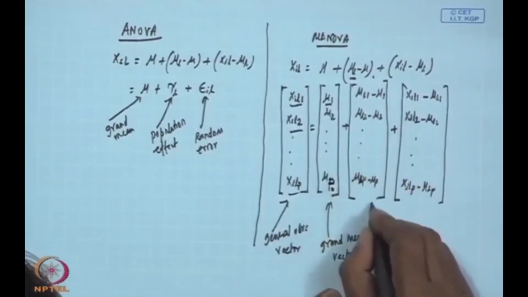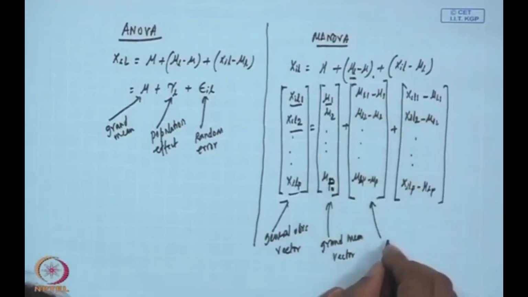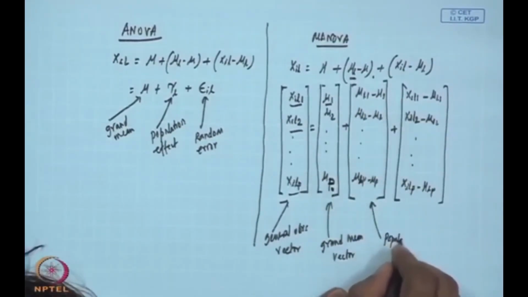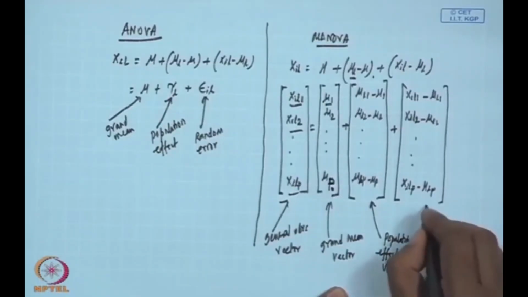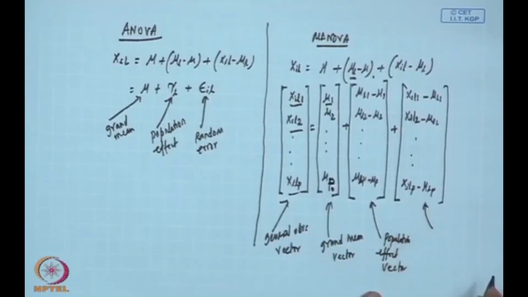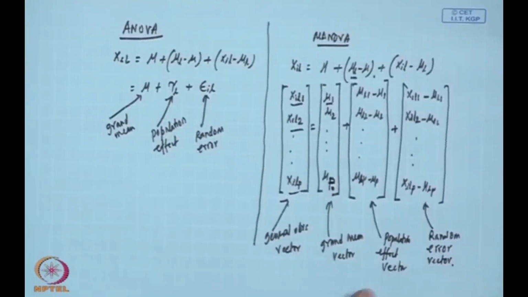Then the other one, mu L1 minus mu 1 and so on, we are saying this is the population effect vector, and the last one is the random error vector. Okay.